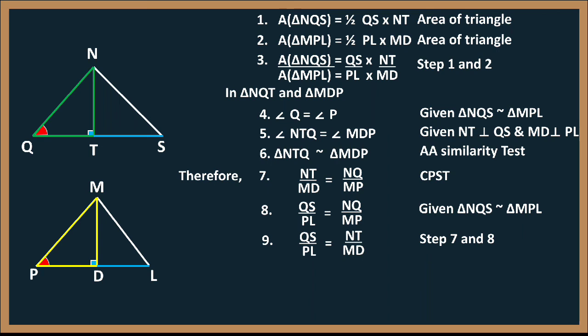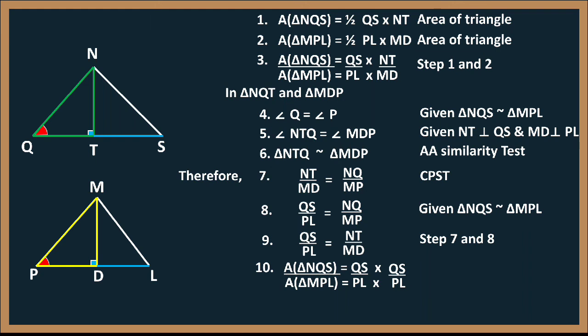Now, in the 3rd step, we are given that area of triangle NQS upon area of triangle MPL is equal to QS upon PL multiplied by NT upon MD. Now, in the 9th step, what we have said, NT upon MD is nothing but QS upon PL. So instead of writing NT upon MD, I will write QS upon PL.